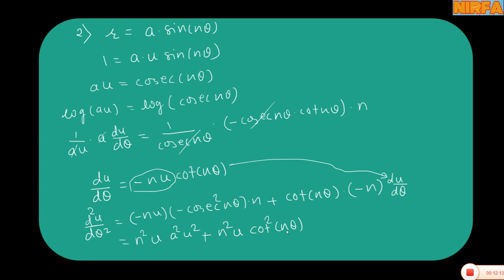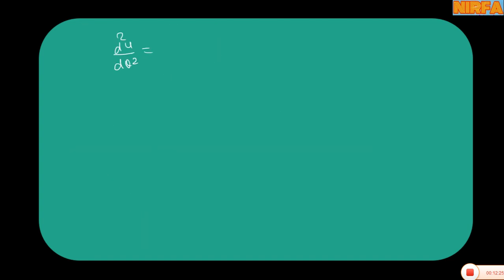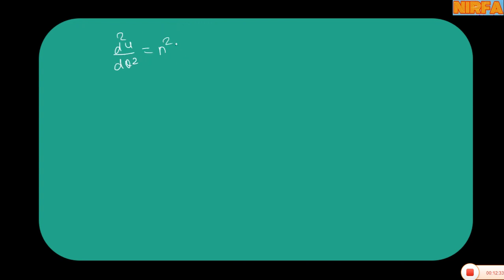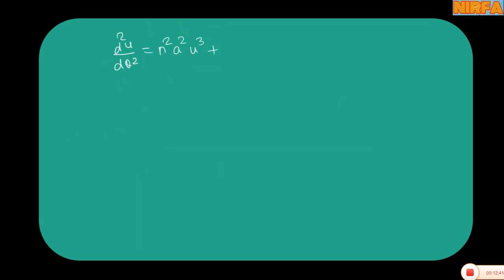So the next step will be d2u by d theta square is equal to, see, the first term is n square a square u cube, plus the second term is n square into u cot square n theta, and cot square n theta can be written as cosec square n theta minus 1.